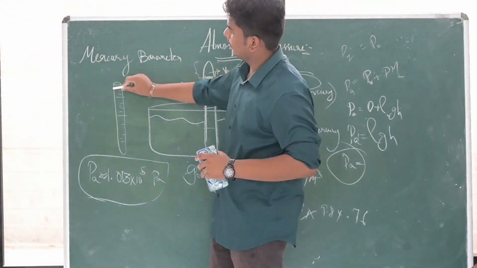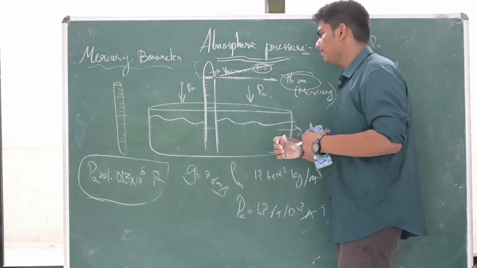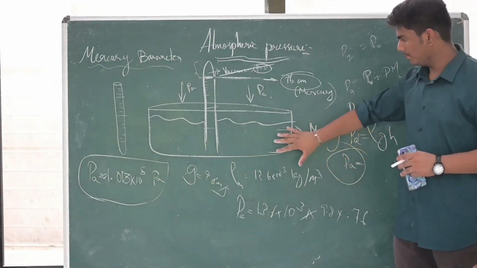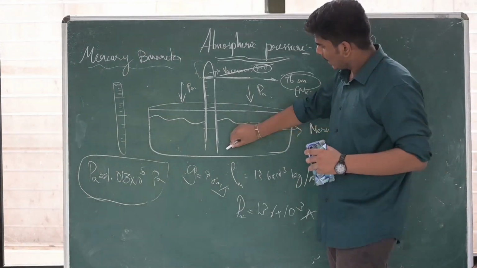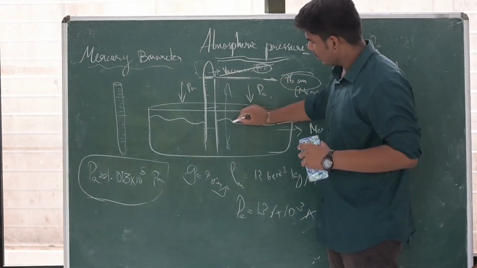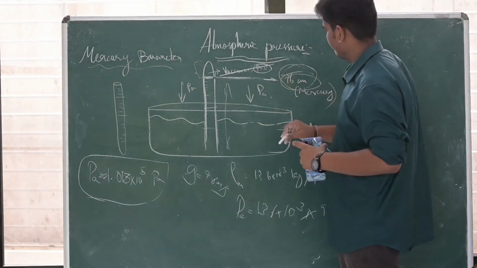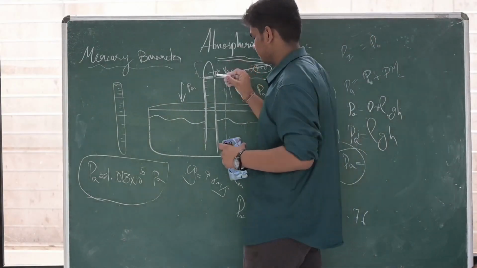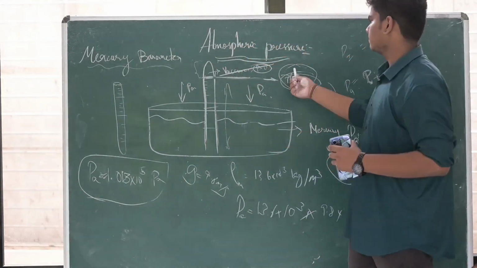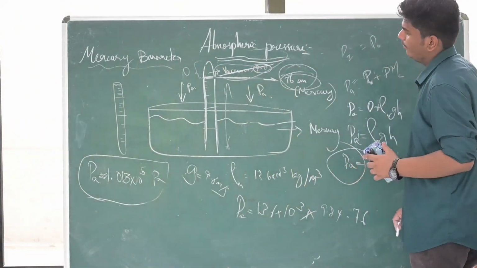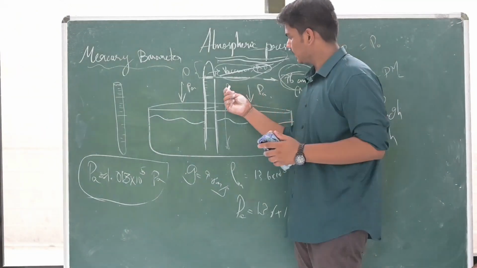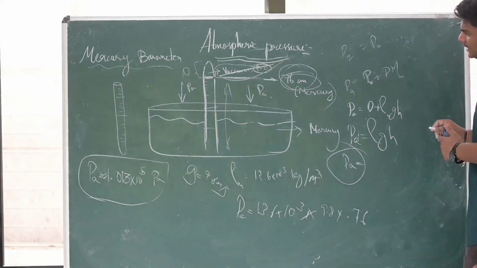Now what is a mercury barometer? He inverted a tube containing mercury into a mercury basin, or mercury container. The height of the mercury column was still 76 centimeter. There was vacuum above it. So pressure created in the vacuum column is 0, and outside pressure must be equal to pressure inside.